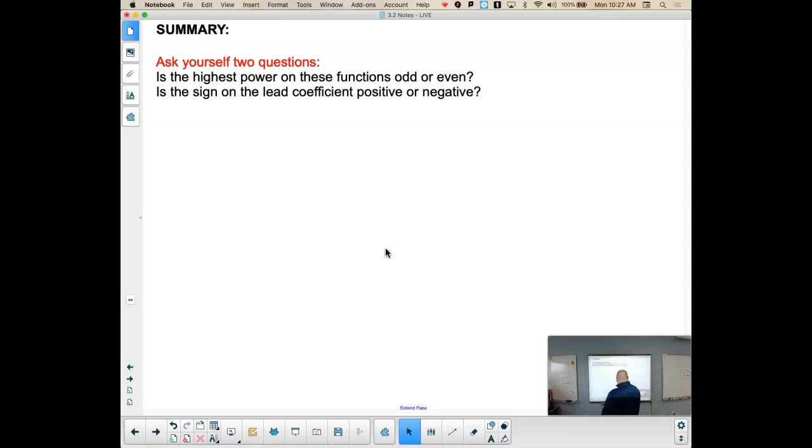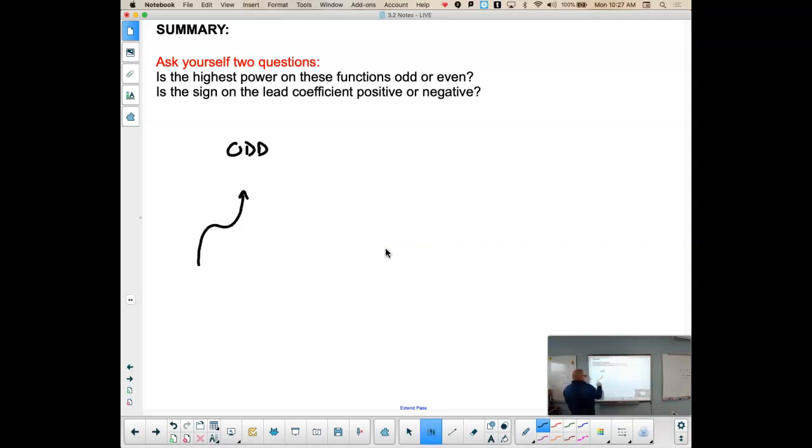Because if it's odd, they're going to go in opposite directions. All odd degree functions go in opposite directions. All even functions go in the same direction.